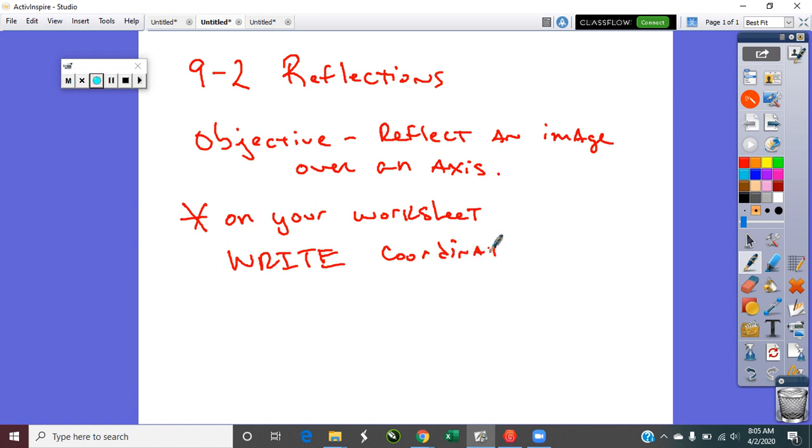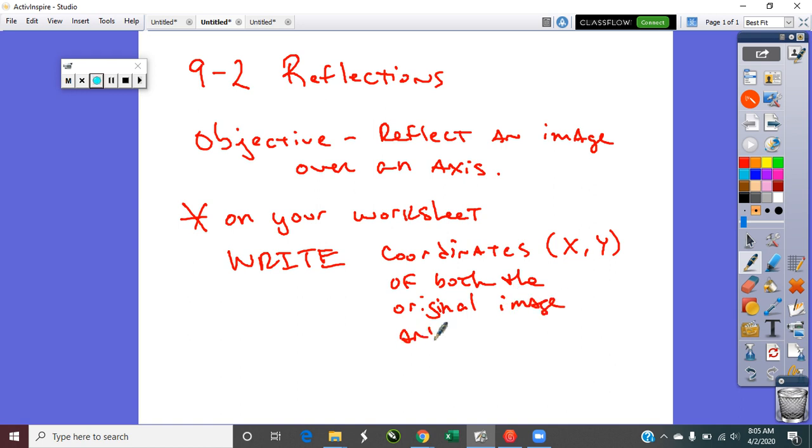And if you don't remember what a coordinate is, that's your x, y, of both the original image and the transformed image. That's going to be your apostrophe, the image that has been manipulated in some way, shape, or form.